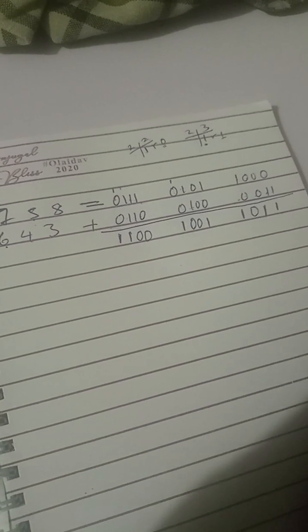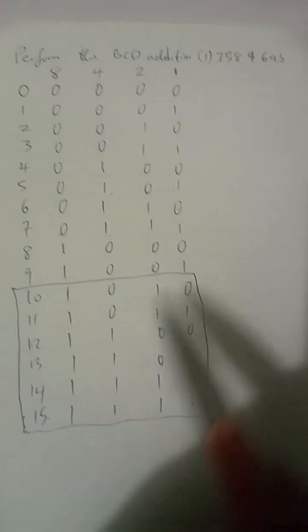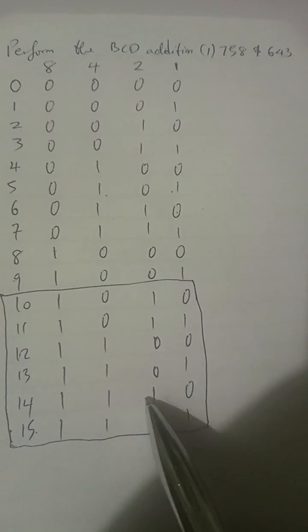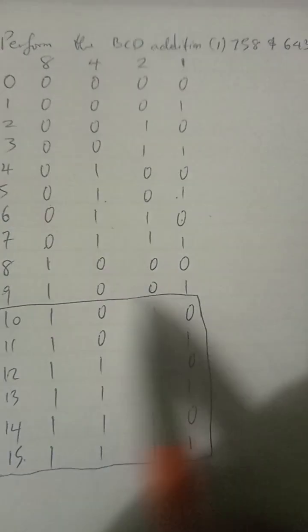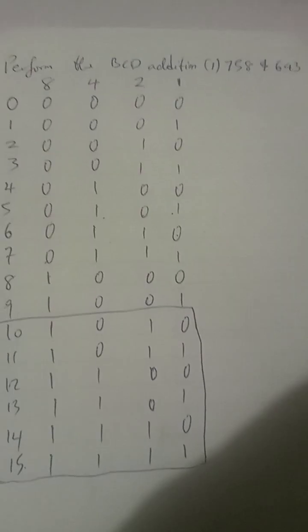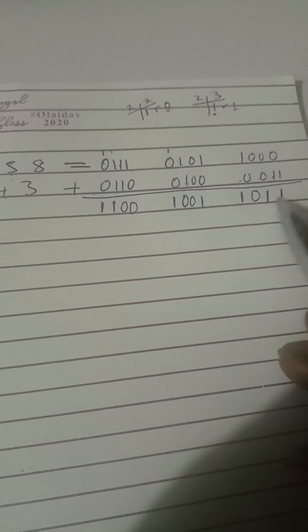Now this is where the twist is. I told you earlier on that you should neglect anything above 9. So you will now check your answer. Do we have anything that is greater than 9 here?